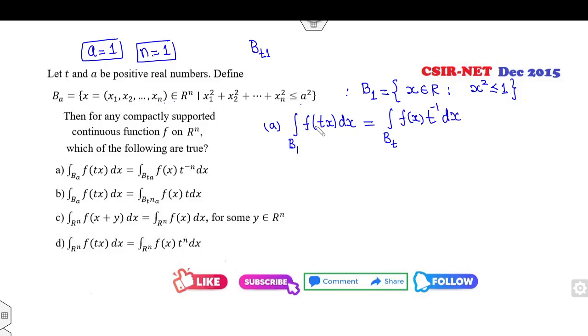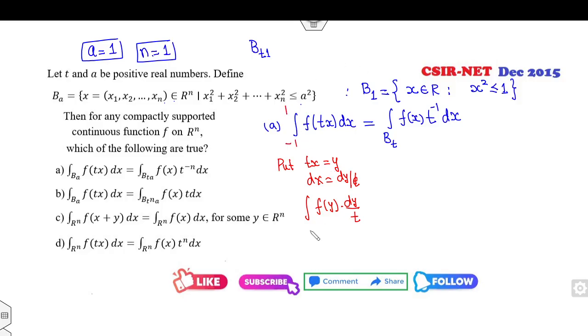So let's start. What is f of tx? What is f? f is any continuous function, so you can substitute it. tx is my y. What is dx? dy over t. So what is the limit of this f of y into dy over t? What is the domain? In this case, what is B1? B1 is minus 1 to plus 1.